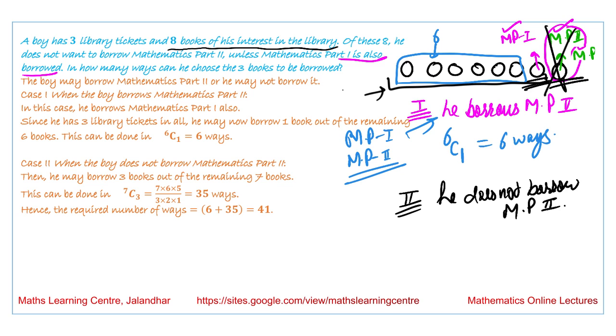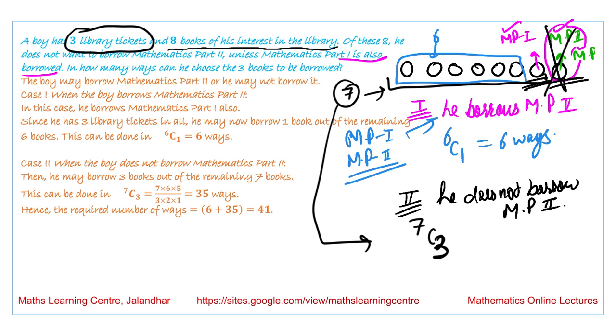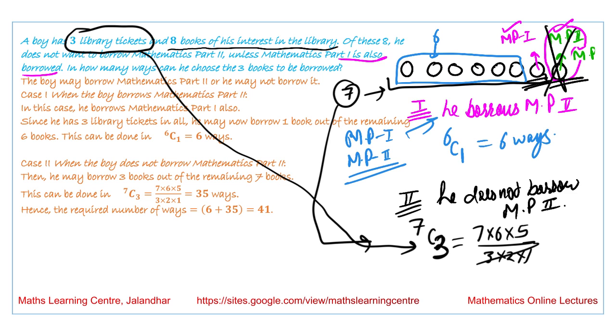It is 7 books, and out of these 7 books he has to choose 3 books. We are saying he has 3 library tickets, so he has to choose 3 books. So the answer we have in this case is 7C3, that is equal to 7 into 6 into 5 divided by 3 into 2 into 1. These two get cancelled, it is 35 ways.